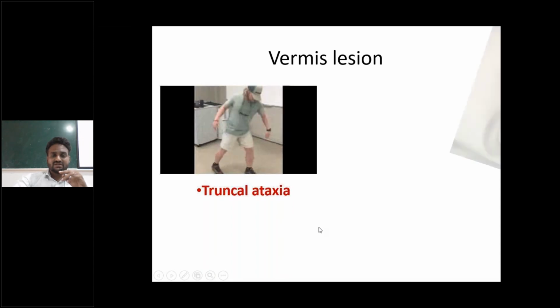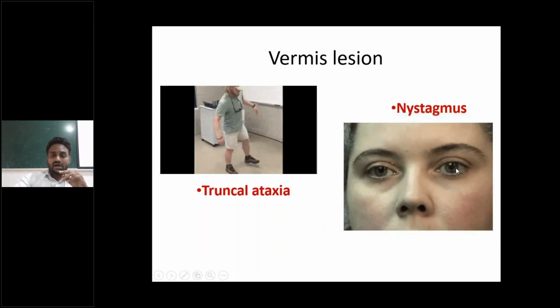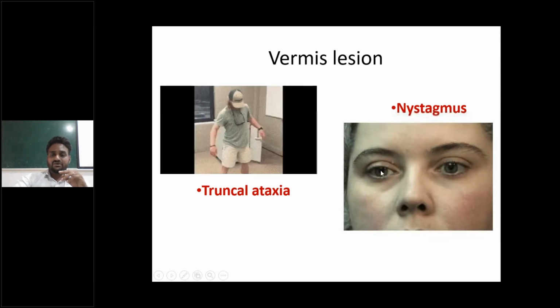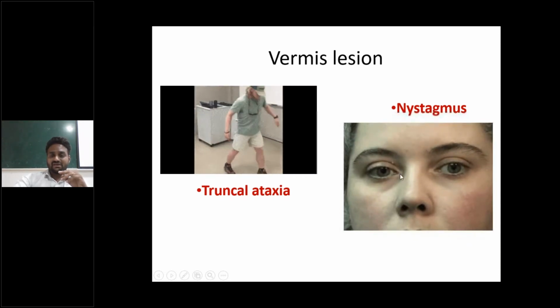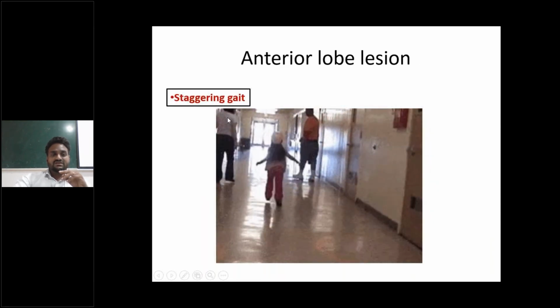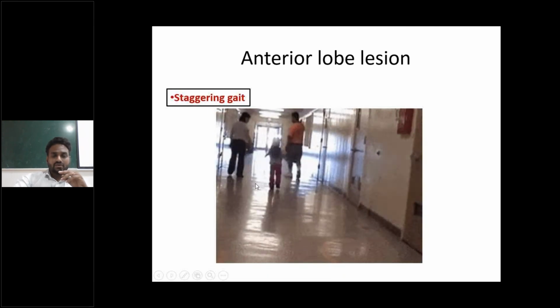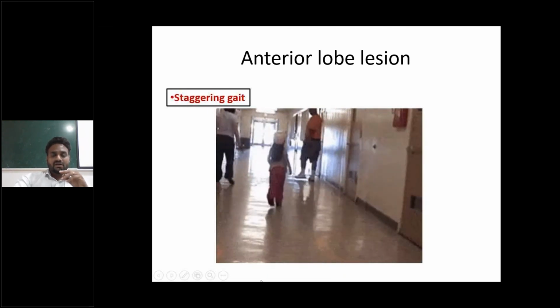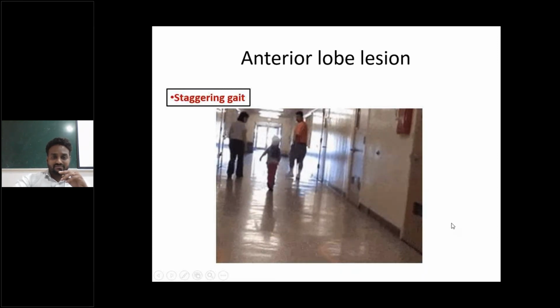In nystagmus, we can observe uncontrolled and uncoordinated eyeball movements. Under the anterior lobe lesion: staggering gait, incoordination of the lower limb muscles, and unable to walk on a straight line.